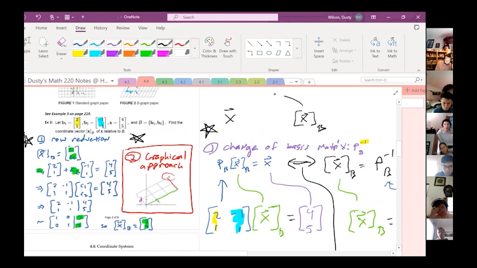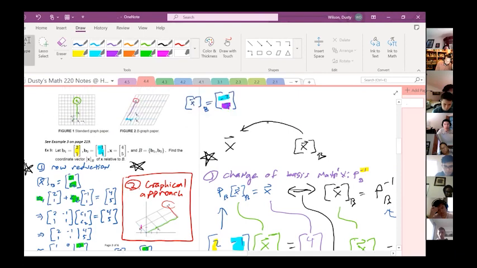And we learned that the matrix PB gives us a transformation that lets us go from the B coordinates back to the original coordinates. And good news, we can go the other direction, from the original or standard coordinates to the B coordinates, by using the PB inverse transformation.